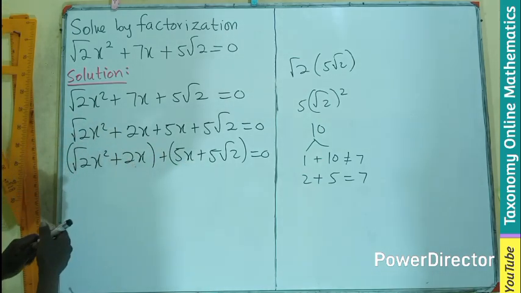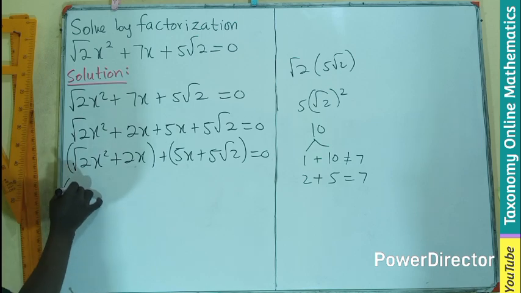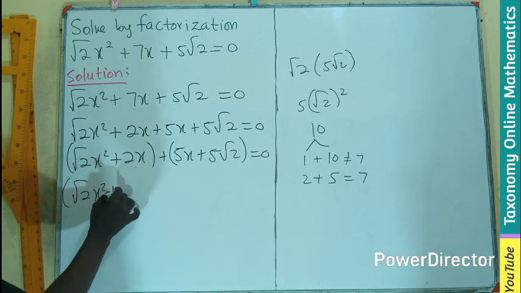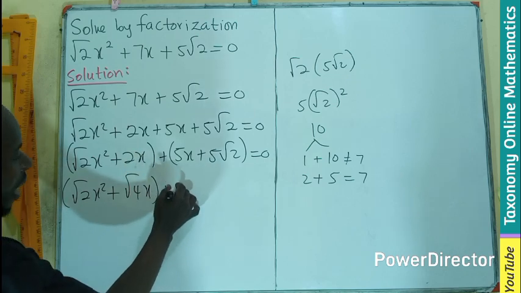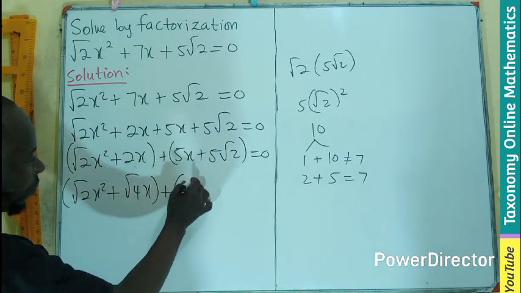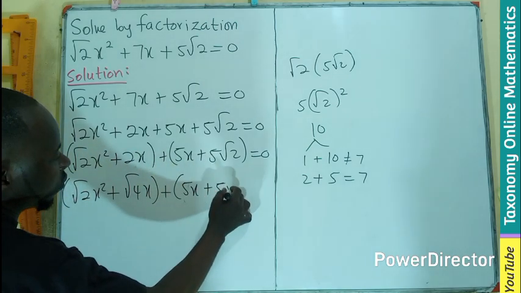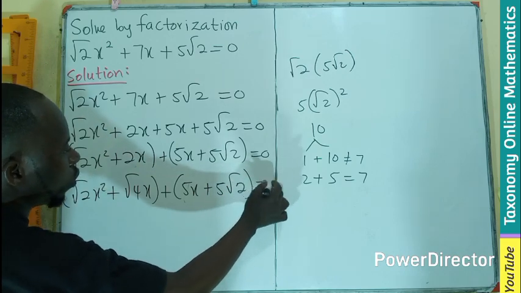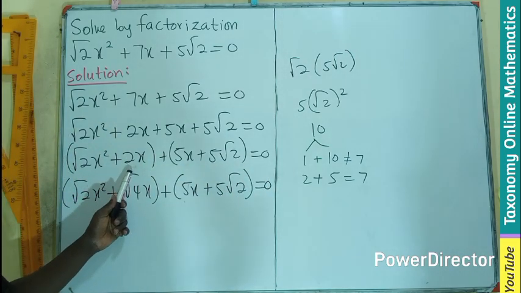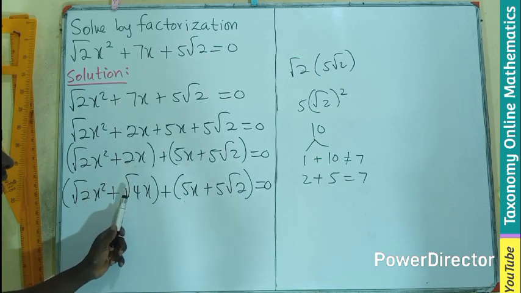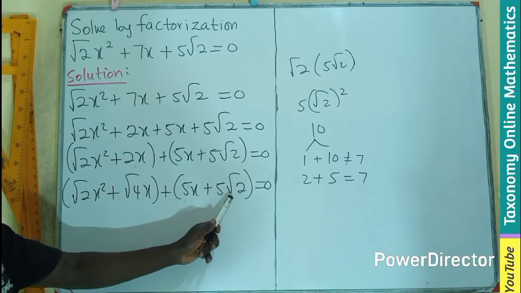So I can transform this to root 2 x squared plus root 4 x plus 5x plus 5 root 2 equals 0. Remember, root 4 is 2, so we have not changed the value.